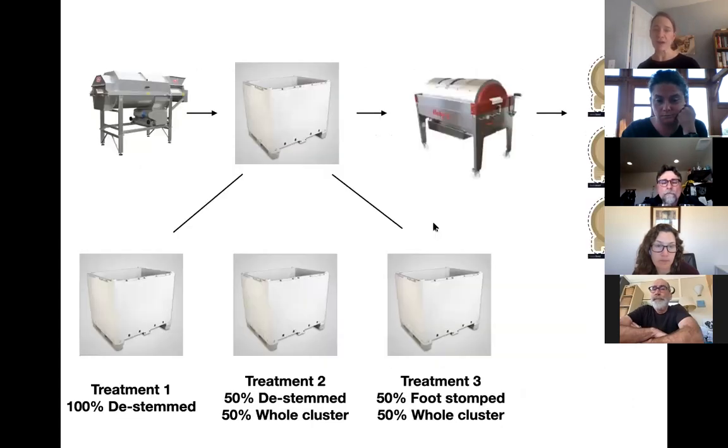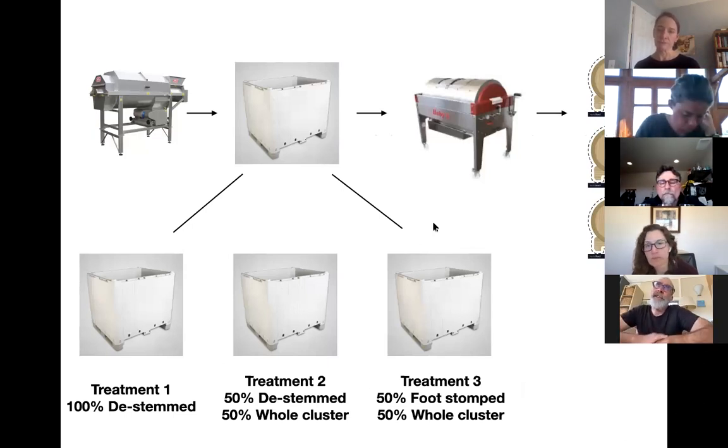So Tim, tell us a little bit about how you actually set up your experiment. You had 3 treatments. Yeah, so essentially my control was destemmed fruit into a bin and then inoculated. I did the whole cluster, which was: whole cluster halfway, filled the bin, went in, stepped it all down, and then covered the second half with whole cluster.